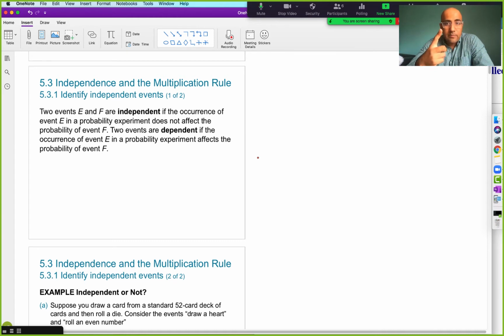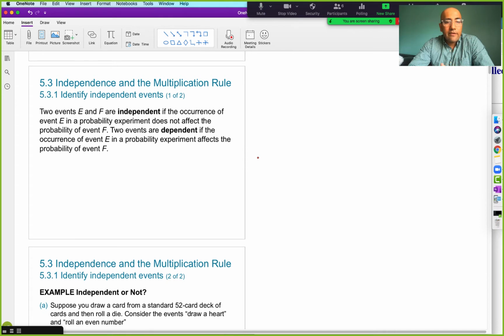We got one experiment. In that experiment, we have a bunch of outcomes, right? Simple events, the individual outcomes that are possible. We can group those up into compound events.